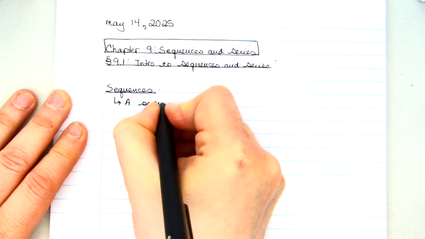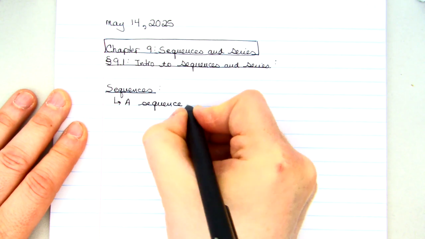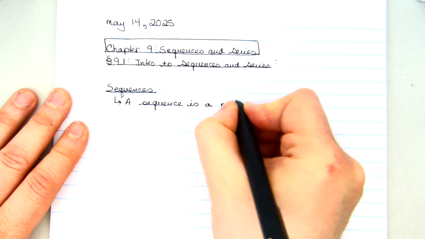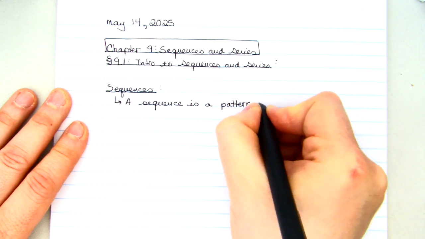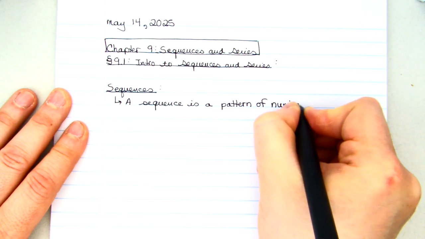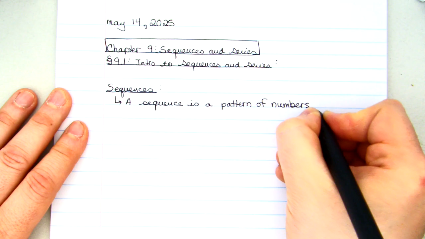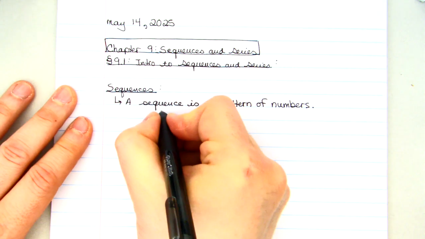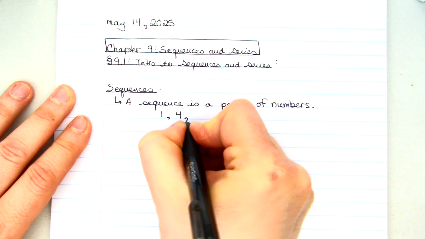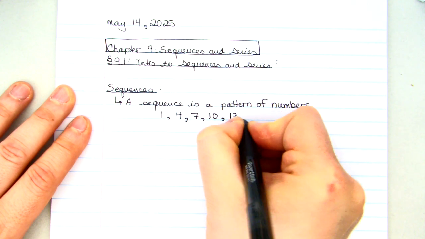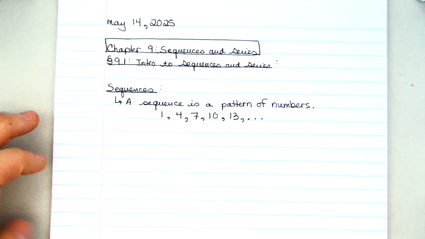A sequence is a pattern of numbers. I'll give you a more formal definition in a moment. But for example, the sequence 1, 4, 7, 10, 13, and it keeps going.